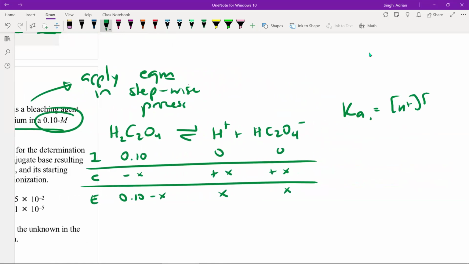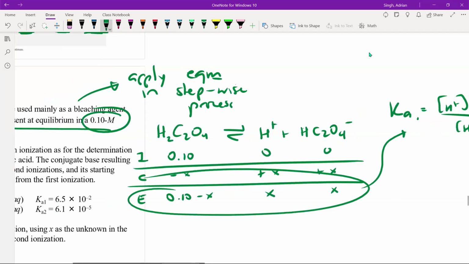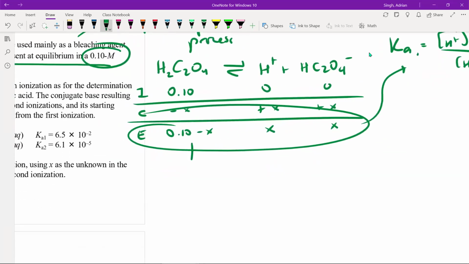H plus times HC2O4 minus divided by the H2C2O4. I'm going to substitute my values in here. And then what we can do again is make our approximation that X is small.